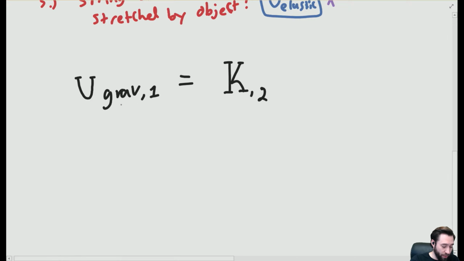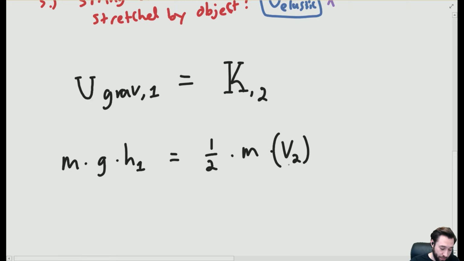So if I substitute in what U grav is, I have mass times the acceleration due to gravity times h1, which is the height at state 1. And then for kinetic energy, I have 1/2 times mass times the velocity at state 2 squared.